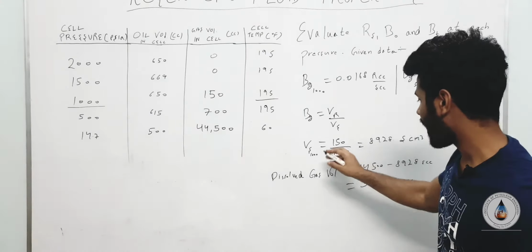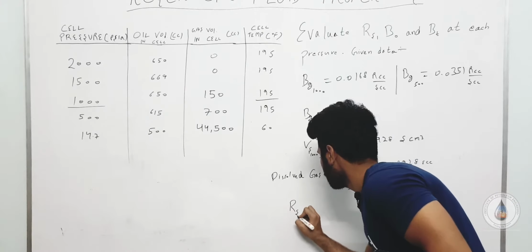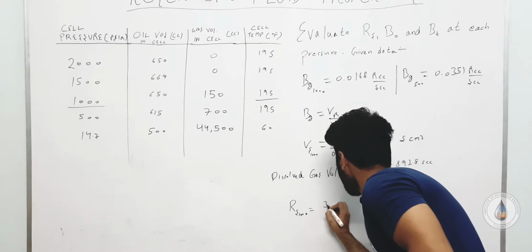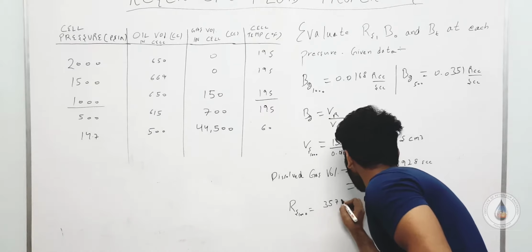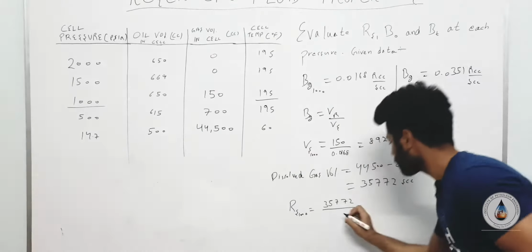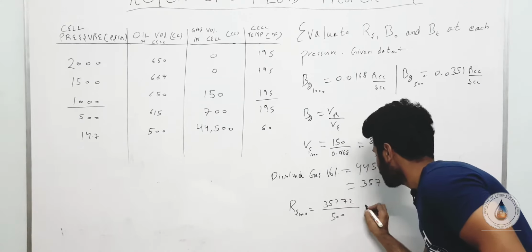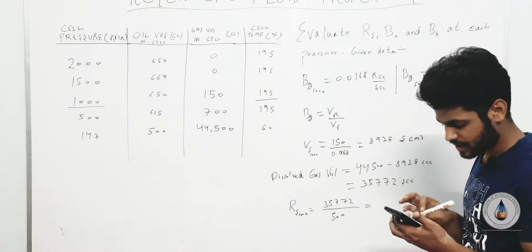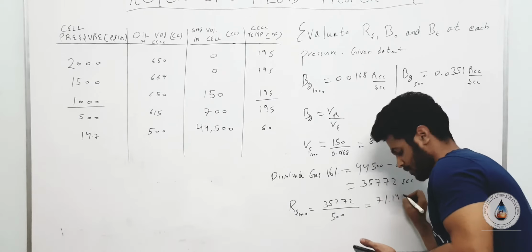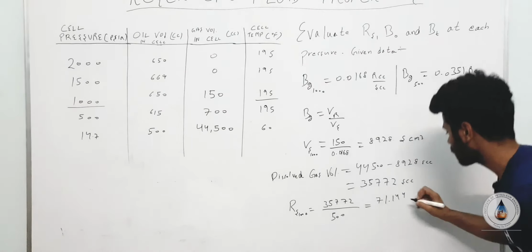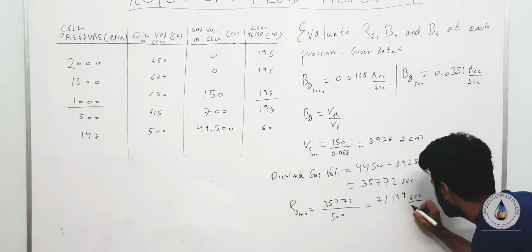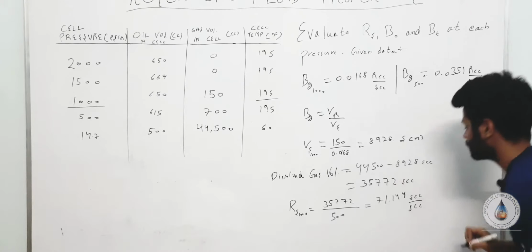So now my Rs value at 1000 psia will be 35,772 amount of dissolved gas upon my oil at surface condition, that is 500. So if you do this calculation, it will come out to be 71.144, and it will be in surface centimeter cube upon surface centimeter cube.